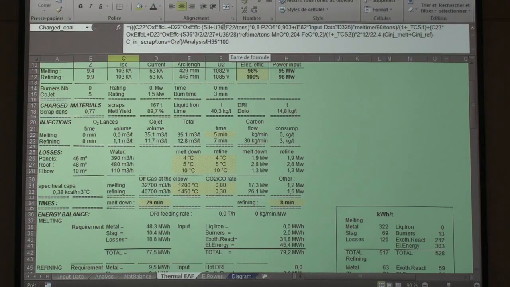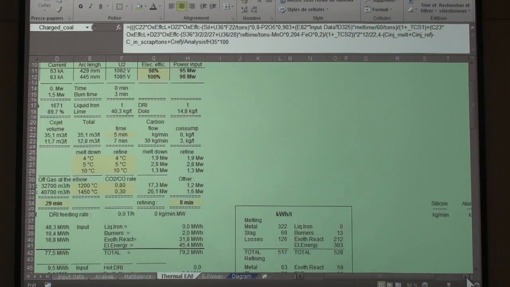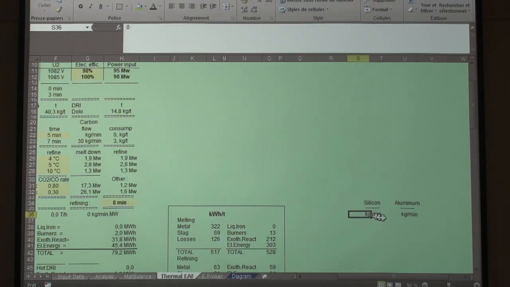This value here is a gimmick. This is from here because I was faced once upon a time to a Japanese project, and this Japanese had a special process injecting ferrosilicon or ferroaluminum, and as well another one was for stainless steel, where they were injecting ferrosilicon during, let's say, the flat bath period to reduce the chromium oxide in the slag.